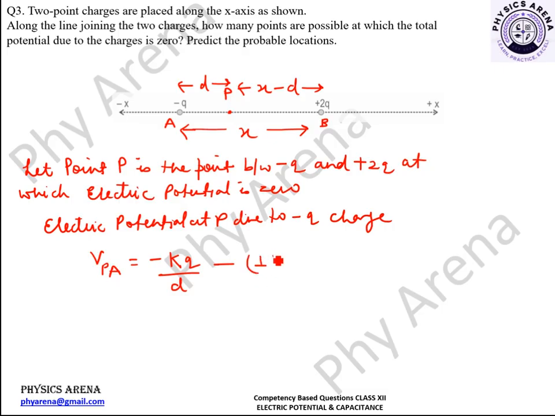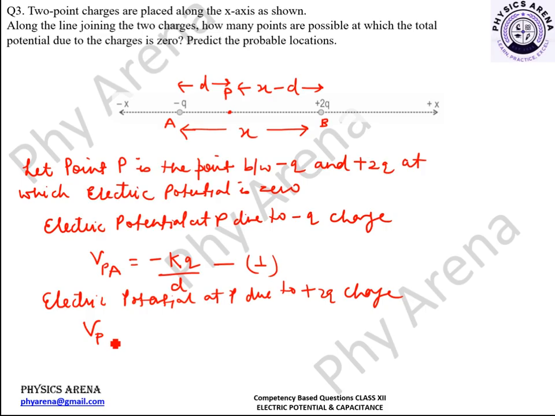And this is equation number 1. Also, we can find out electric potential at P due to plus 2q charge. And that can be written as V at P due to charge present at B, VPB, that is k 2q divided by x minus d. And this is equation number 2.